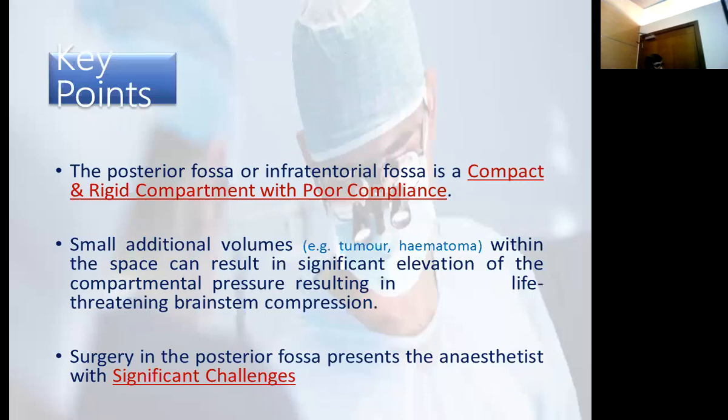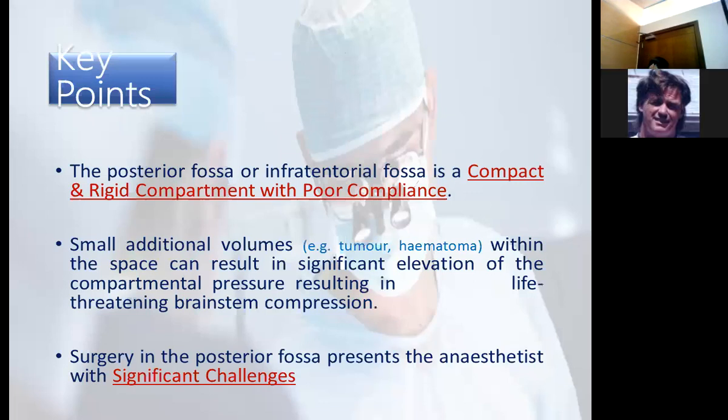Besides cranial nerves, all our vital sign centers, cardiac and respiratory, are inside the brainstem, infratentorial. And it is compact and has very poor compliance compared with the brain tissue.